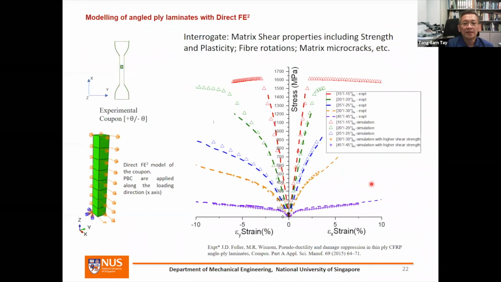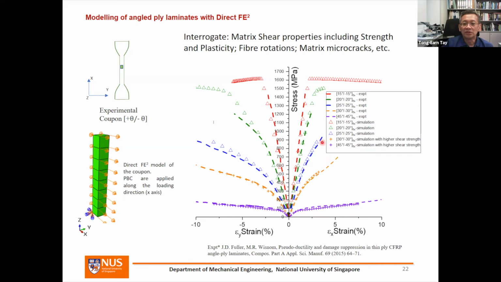But anyway, we have begun to do some studies, one of which is to look at the behavior of angle ply laminates with FE square. In this case, we have comparisons between experiment and the computational model from FE square. The experiment is taken from this paper, given by the dashed lines, and the simulation is given by the discrete triangles as well as the crosses here.